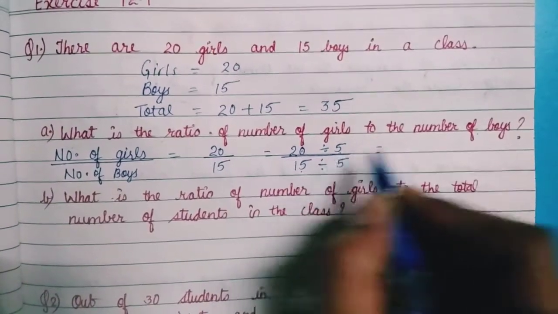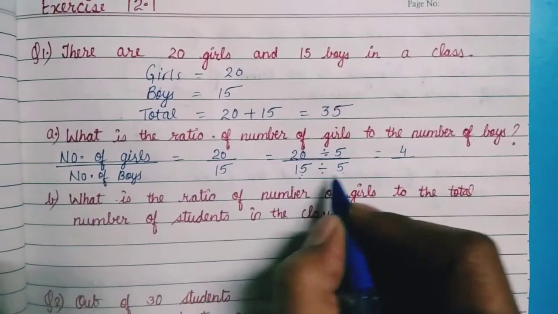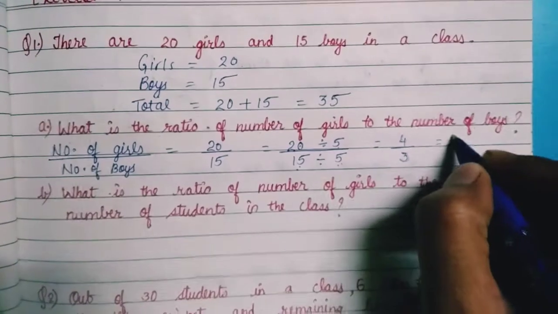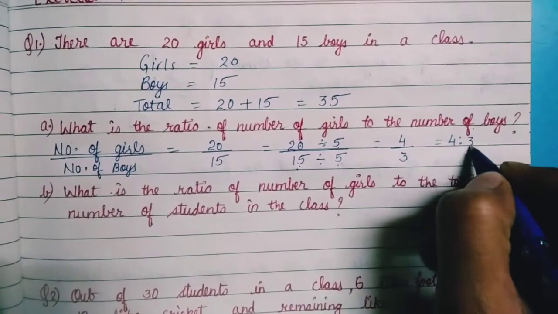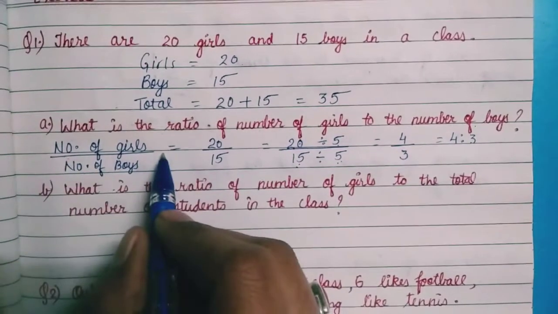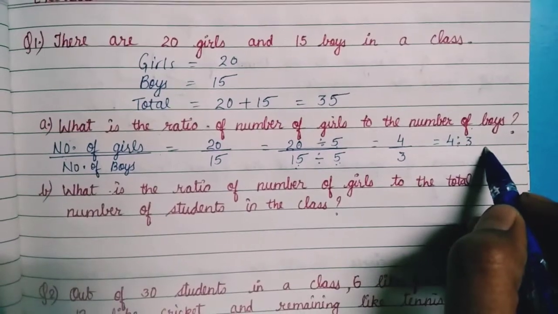When 20 is divided by 5, it will give us 4. And when 15 is divided by 5, it will give us 3. So 4:3 is the ratio of the number of girls to the number of boys.